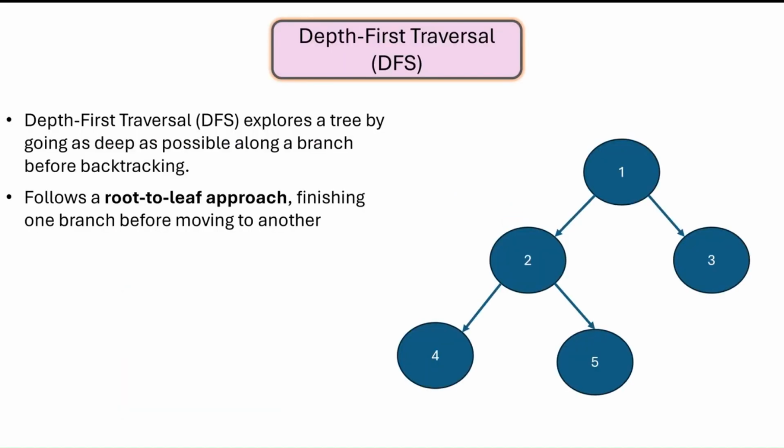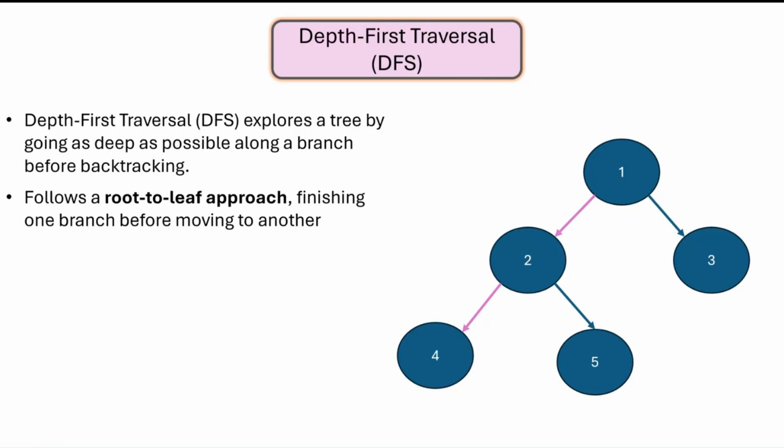Let's understand depth first traversal or depth first search. DFS explores a tree by going as deep as possible along a branch before backtracking. So basically, we start from the root and explore one branch by going as deep as possible till the leaf. So it follows the root to leaf approach.